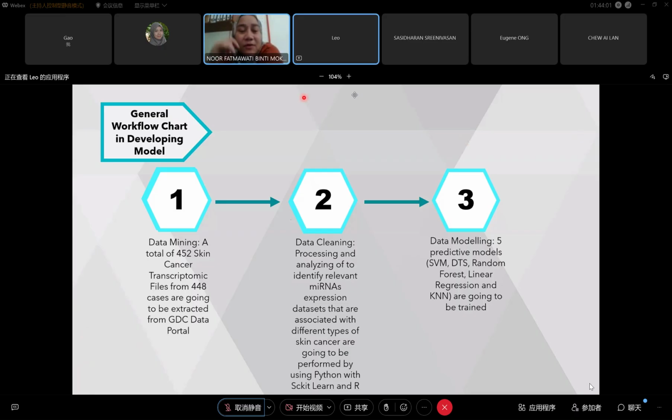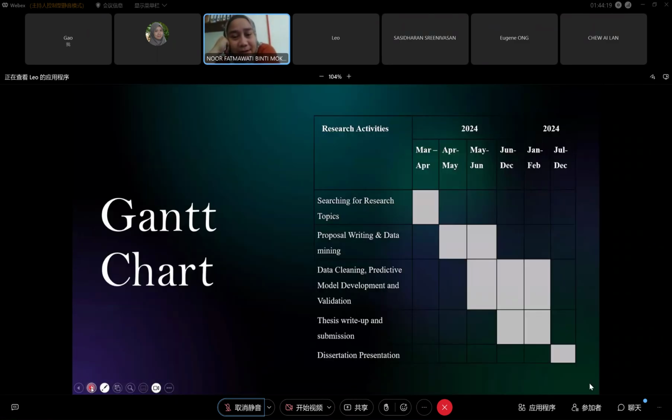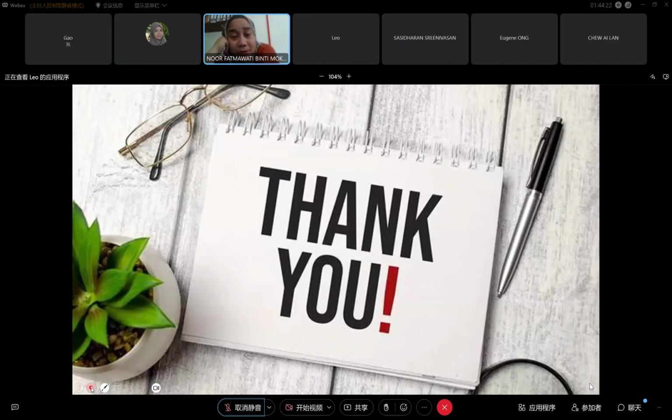Okay, so first of all, my question. I assume that this is an assay, this kit or whatever assay that you're going to develop. Your main aim is to what? To early diagnose skin cancer, or to stratify the patient according to the subtype of skin cancer?